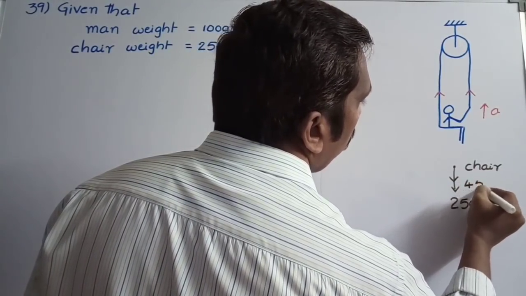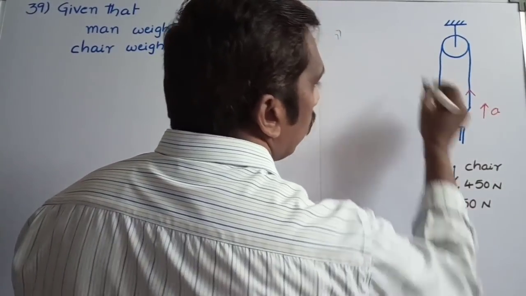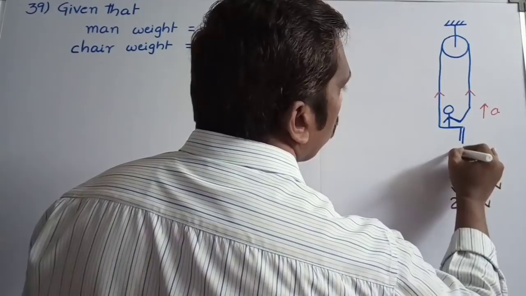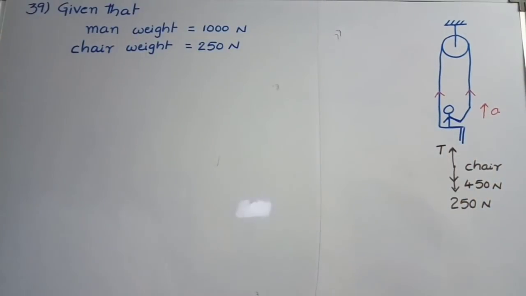And the string tries to pull upward, so tension in the string is acting on the chair in the upward direction. So these are the forces acting. Due to the resultant of these forces, the chair is moving upward.